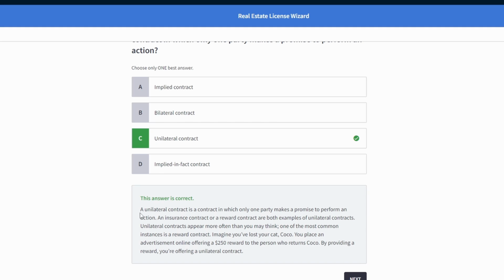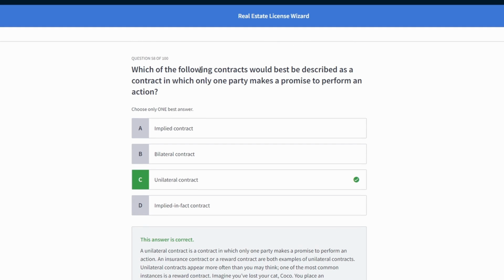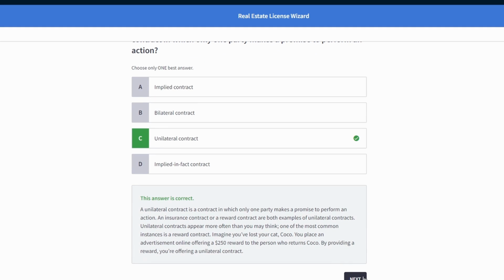Imagine you've lost your cat, Coco. You place an advertisement online offering a $250 reward to the person who returns Coco. By providing a reward, you're offering a unilateral contract. So the key hint there is, again, one party. When you're reading these, see if it says one party, whereas bilateral is two or more. That's the best way to remember them.